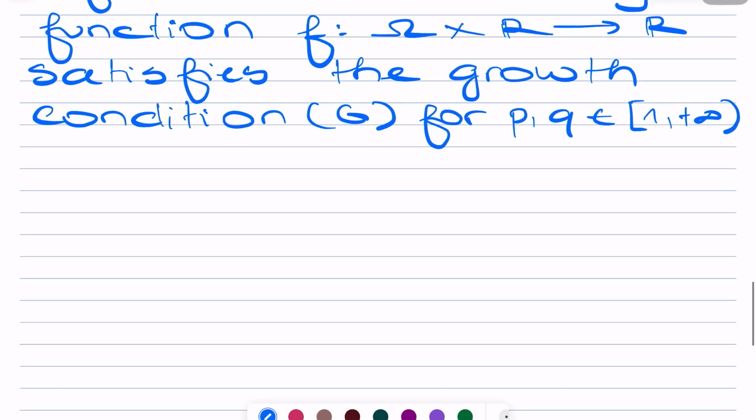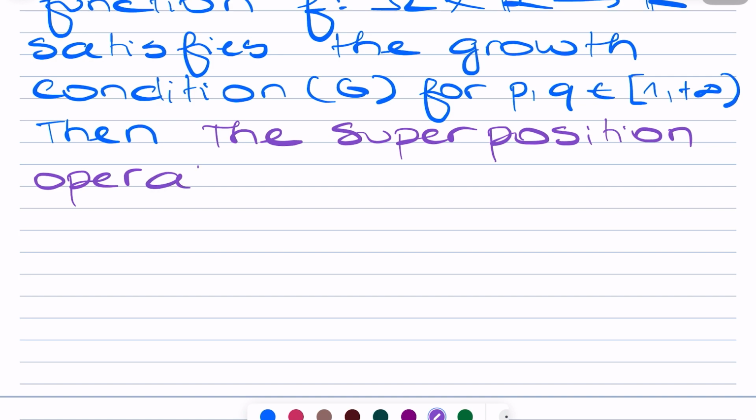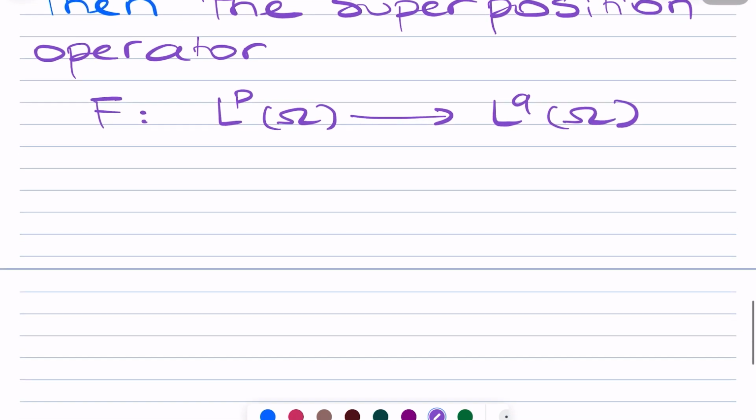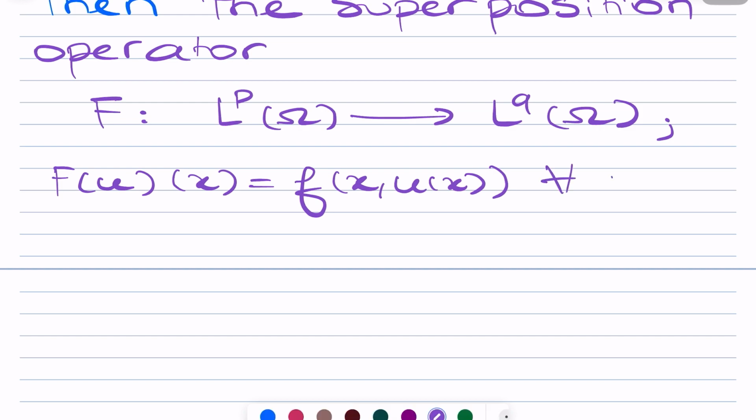Then the corresponding superposition operator, capital F, defined from L^p of omega into L^q of omega, maybe defined as F u of x equals f of x, u of x, for almost every x in omega, of course, is continuous.